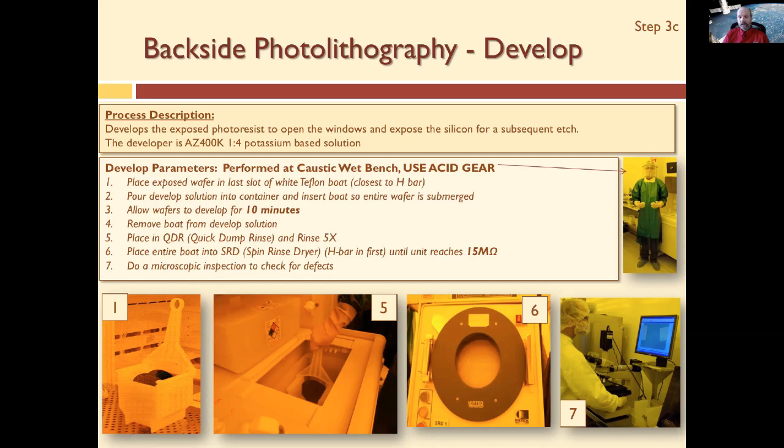And we monitor the resistivity of the water coming out of the dryer. We want it to reach 15 mega ohms, which means that the water is pretty clean. And then we do a microscope inspection to make sure we actually completed the develop process. If we have areas that haven't been developed, we can go ahead and put it back in the developer for a little more time.